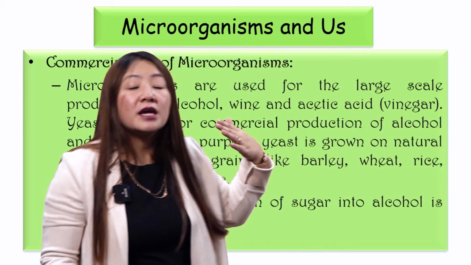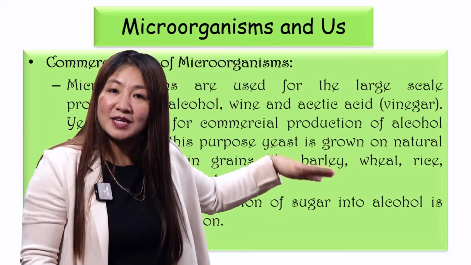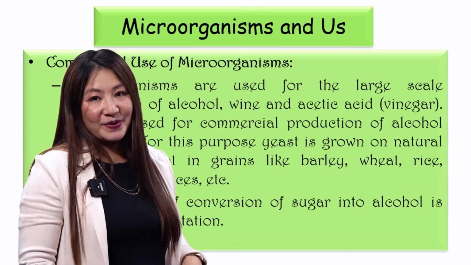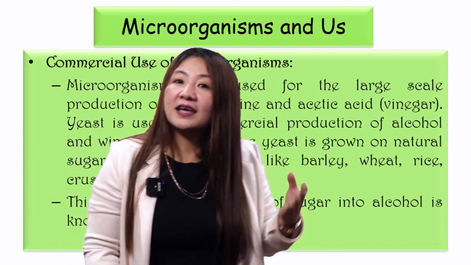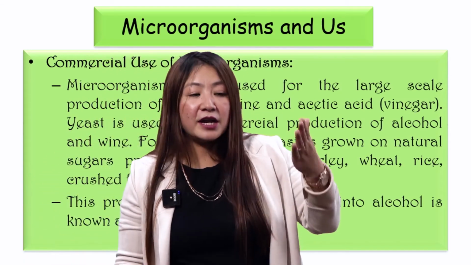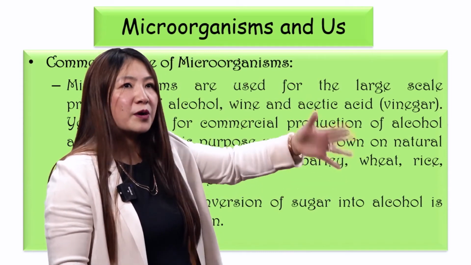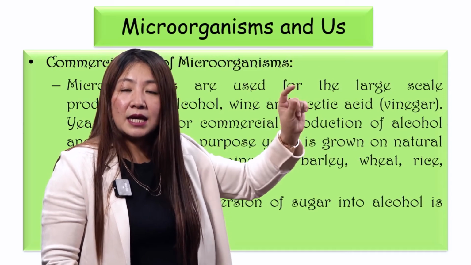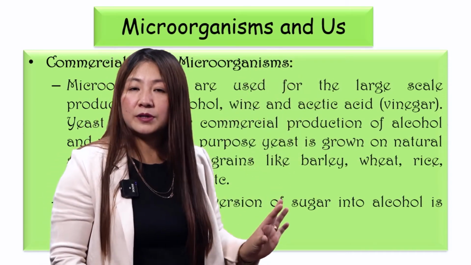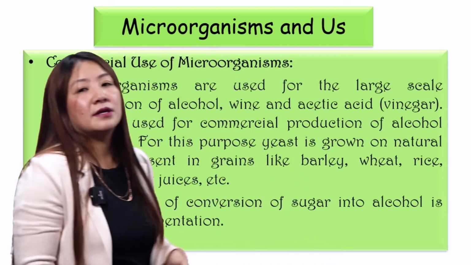Okay, so this wide range of alcohol is made using the microorganism yeast. Okay, and for making vinegar. Vinegar is used for chicken marination, pork marination, fish marination, right? That tangy, sour, clear liquid is also known as acetic acid.